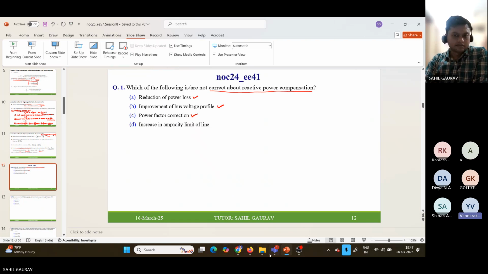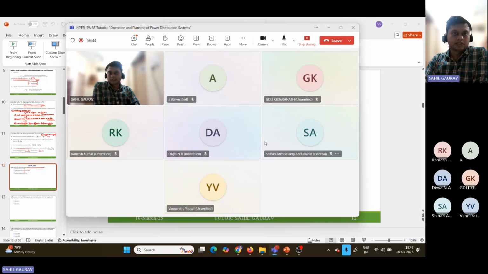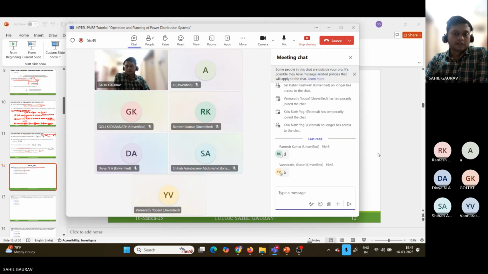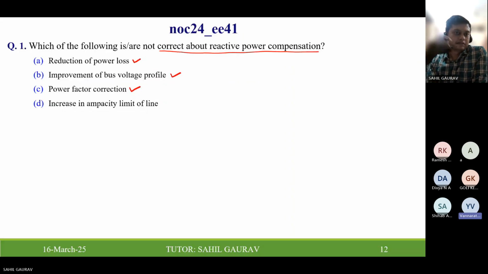So that means the ampacity limit will be increased. When we calculate the power factor compensation, we can see that when we add a capacitor, the current drawn from the source will be reduced considerably. That means the ampacity limit of the line is increased. Yes, your point is also correct.